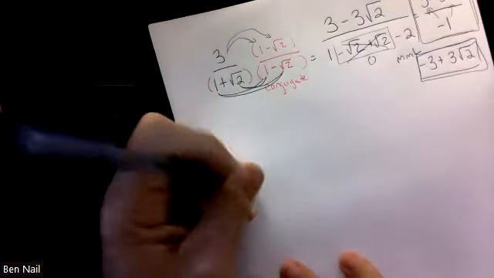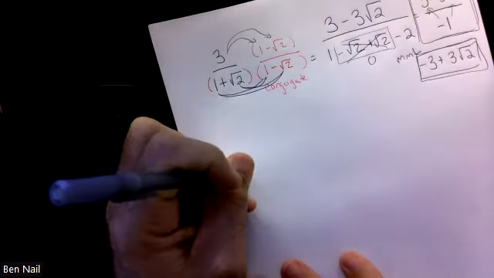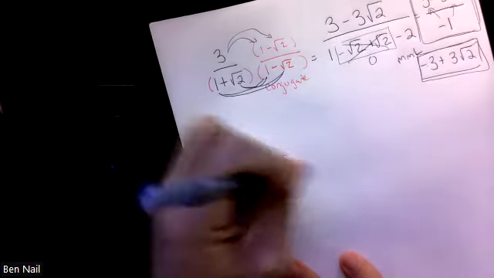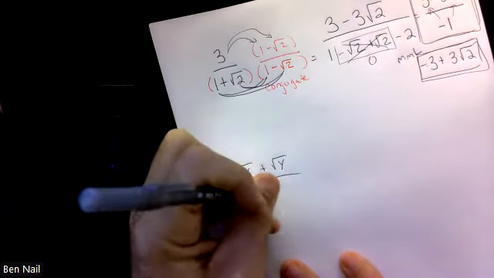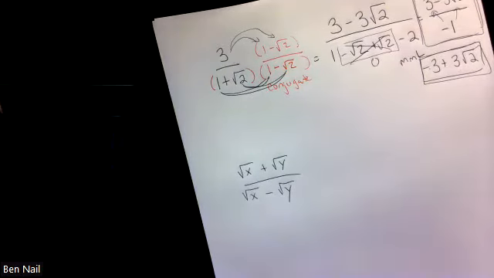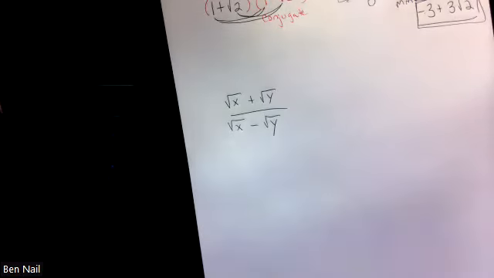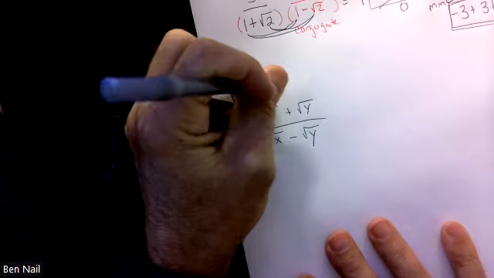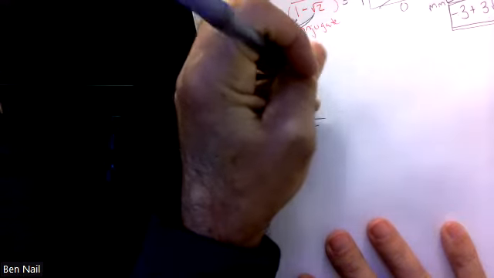Okay, so again, a similar example. If they give you something like this, and again, the directions will typically say something like rationalize the denominator.